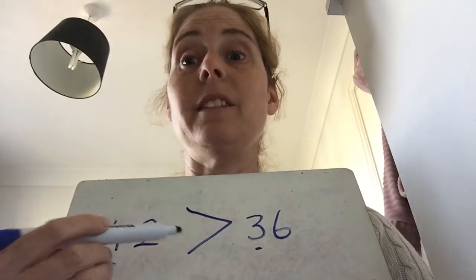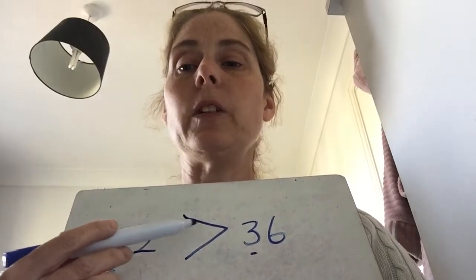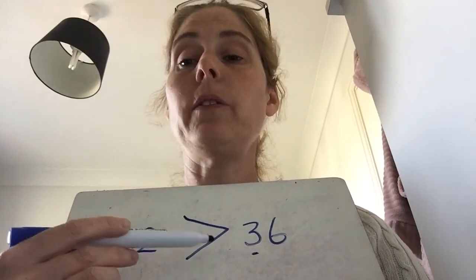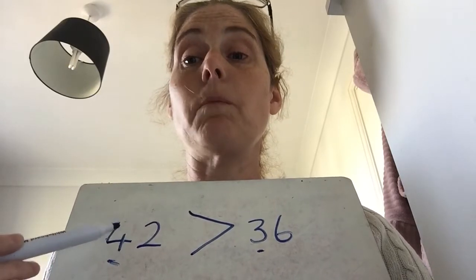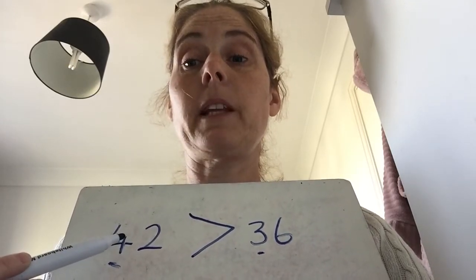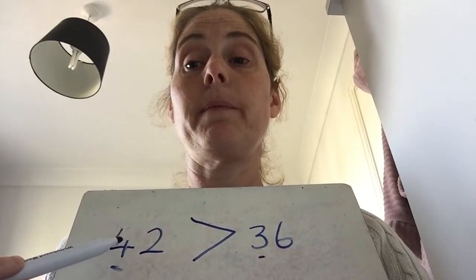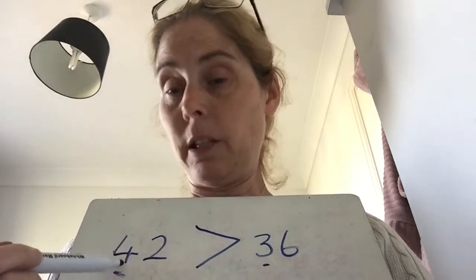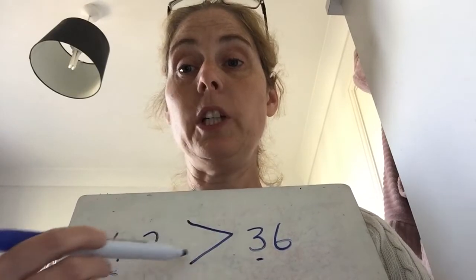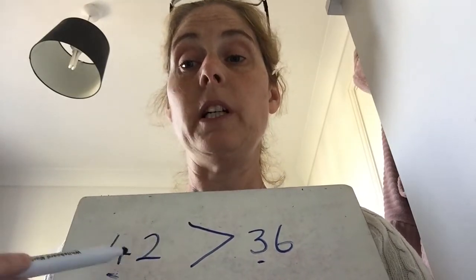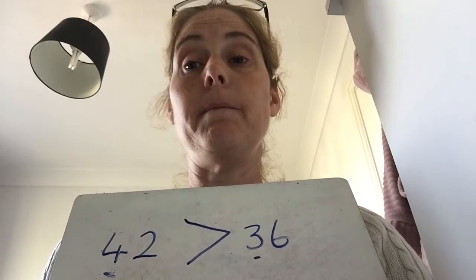I haven't put the teeth in. But you can still see his open mouth is facing the bigger number. It always faces the larger number. Because this number was bigger, I've put his mouth open towards the bigger number.